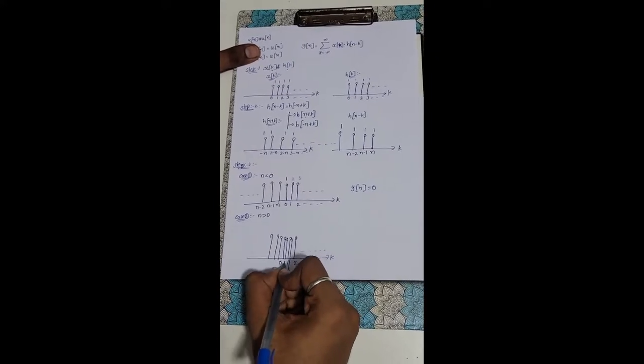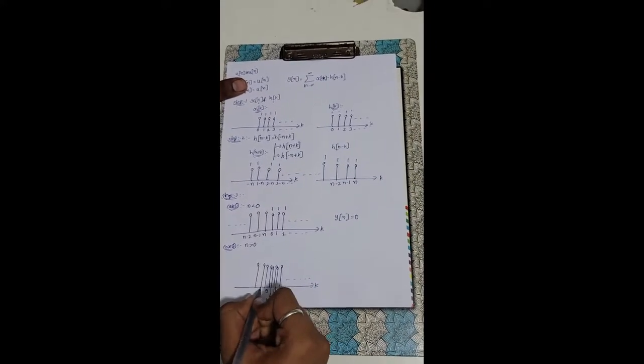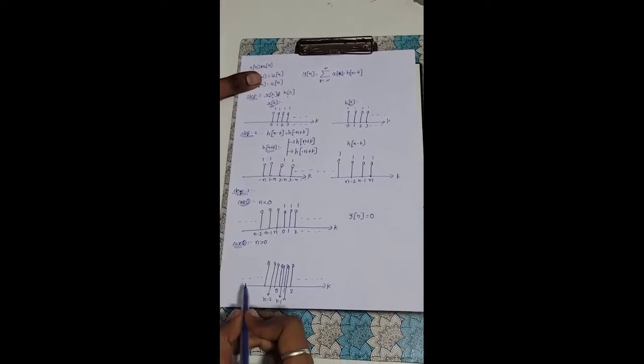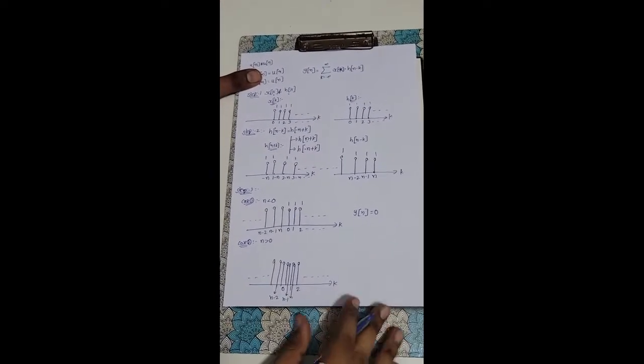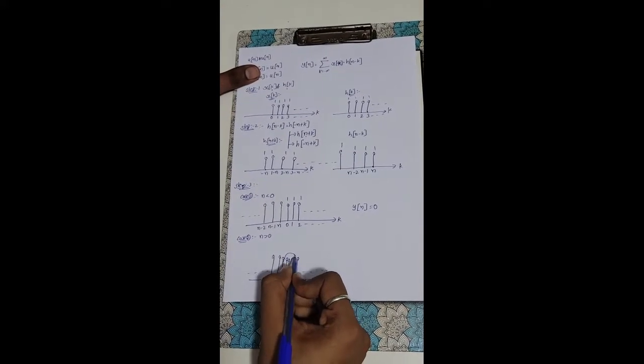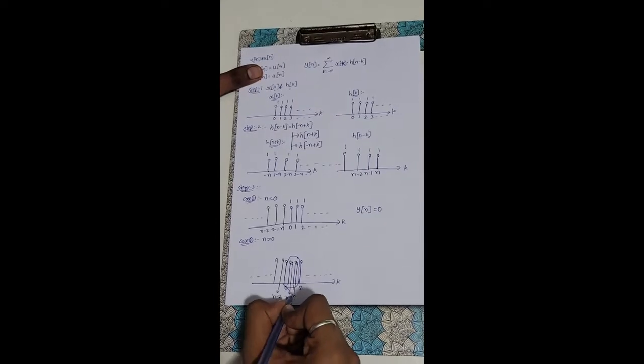Here this is the n value, this is the n minus 1 value, this is n minus 2 value, and so on. If the n value increases, this signal will shift to this side. So there is some common part, an overlap between these signals from 0 to n.